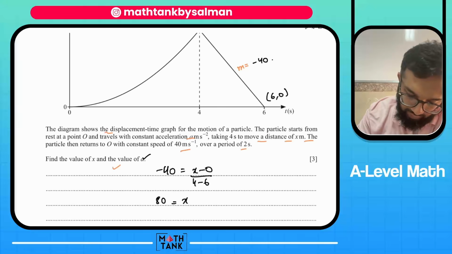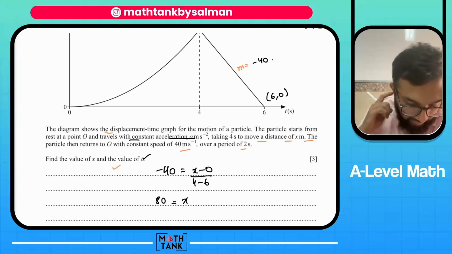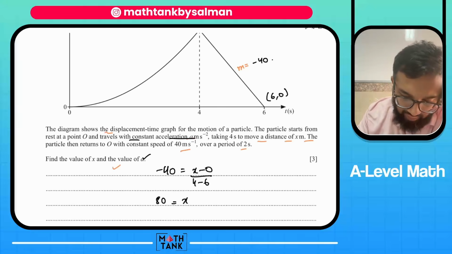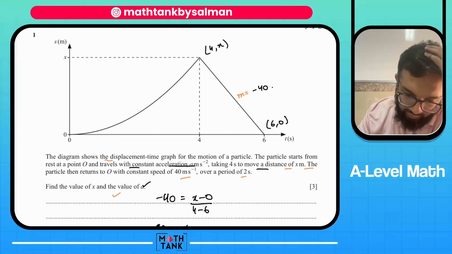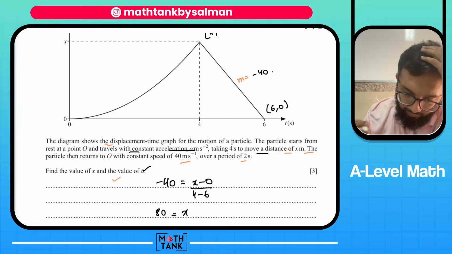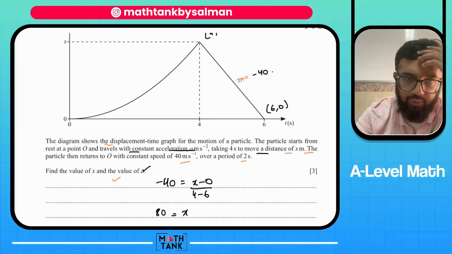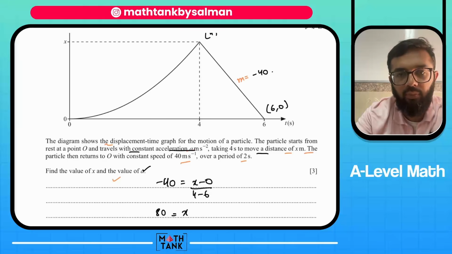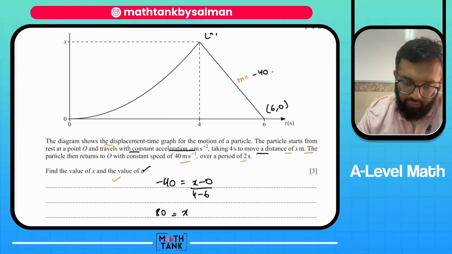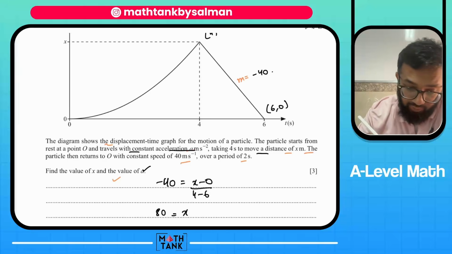Find the value of a. The particle travels with a constant acceleration a, taking 4 seconds to move a distance of x meters. How can I calculate a in this case? For acceleration, the particle must have reached that speed.